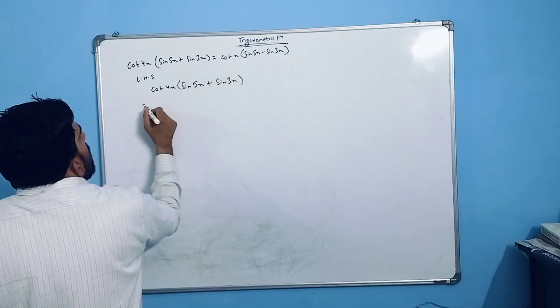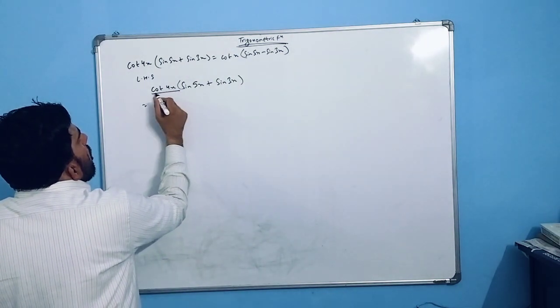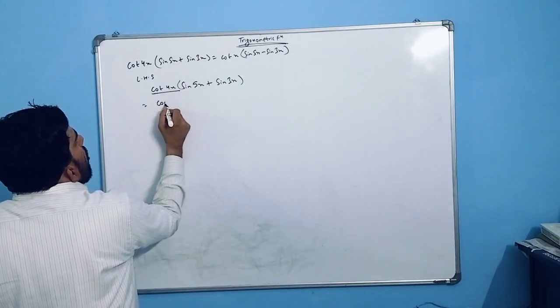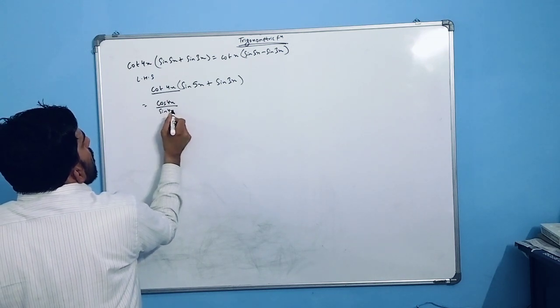Now what we can do here, we can write cot 4x is equal to cos 4x upon sin 4x.